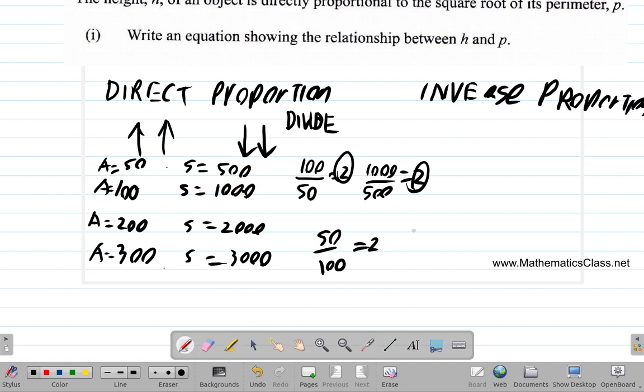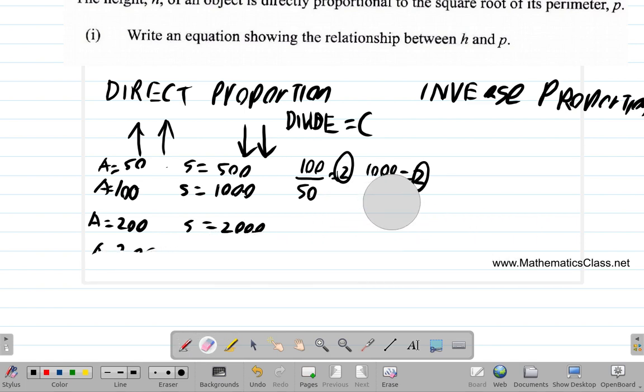You get 0.5, I should say. That's the advertising for the $50 resulting in a sale of $500, and the advertising for the $100 resulting in a sale of $1,000. So half and half. You get the same number you call a constant. So you divide to get the constant.